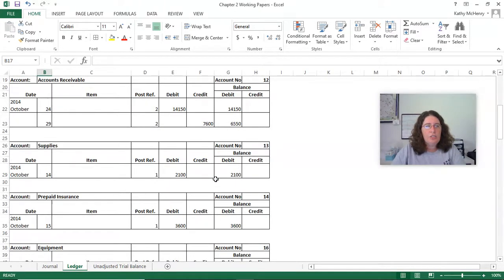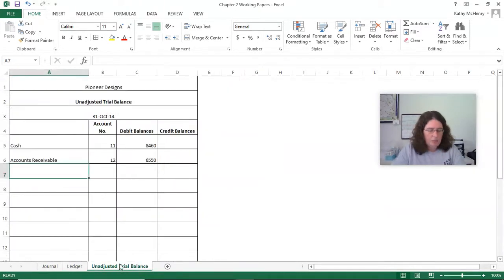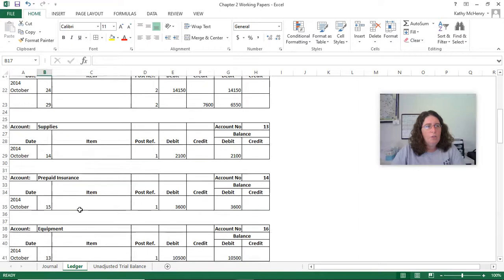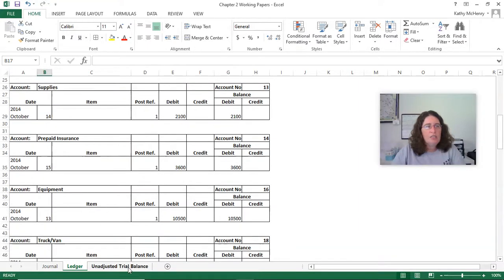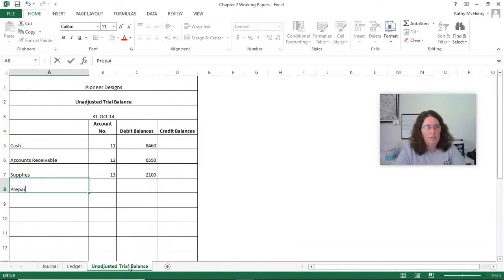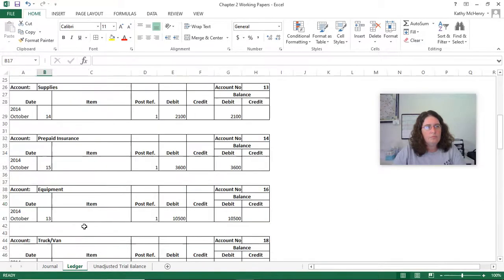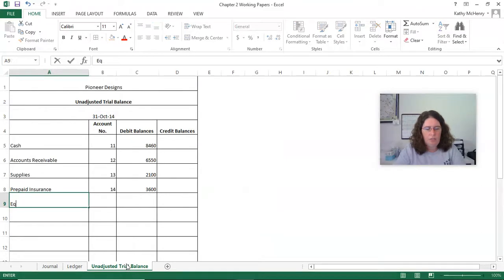Supplies, number 13, $2,100. Beautiful. Prepaid insurance, number 14, $3,600. Equipment, 16, $10,500.